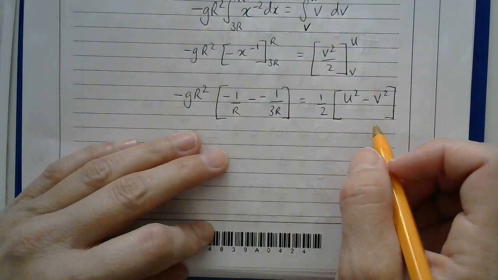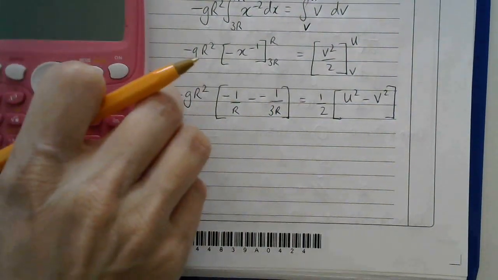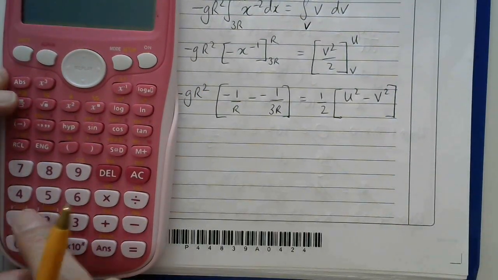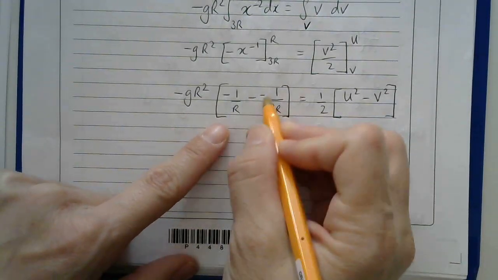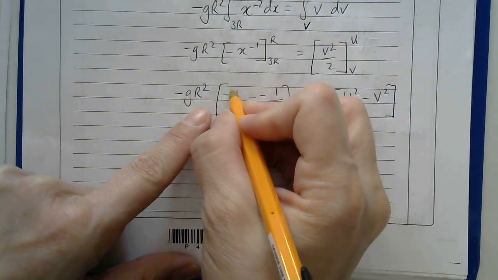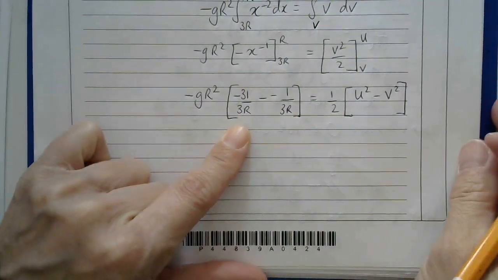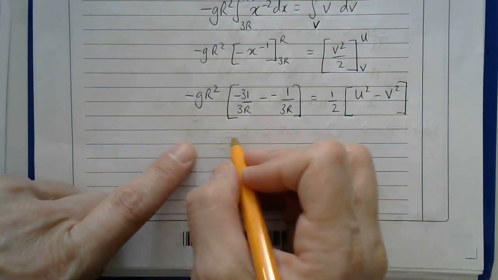So now I can simplify this. So here I have negative 1 over r, basically plus 1 over 3r. So if I multiply the top and bottom of this one by 3, then they have the same denominator.